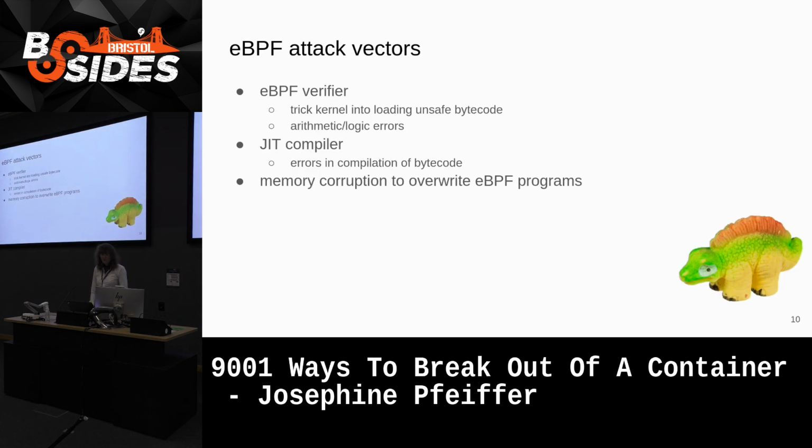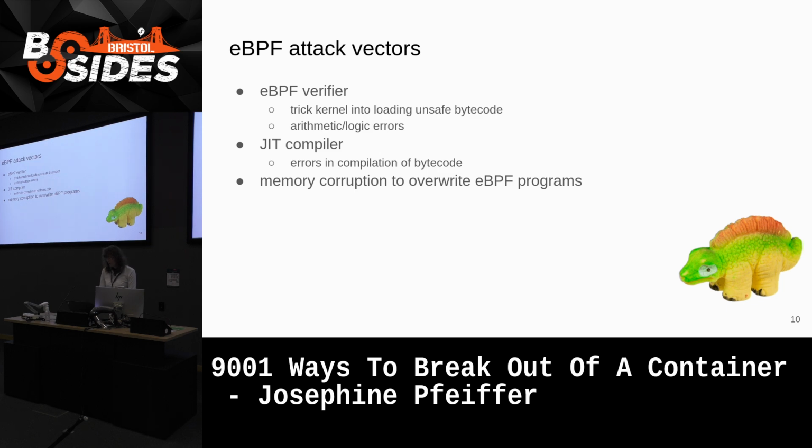So the attack vectors you have in eBPF are, on one side, the eBPF verifier, which you can exploit by tricking the kernel into loading unsafe bytecode, and you can use arithmetic and logic errors. There's the just-in-time compiler that you can also manipulate with errors, and then finally just memory corruption.